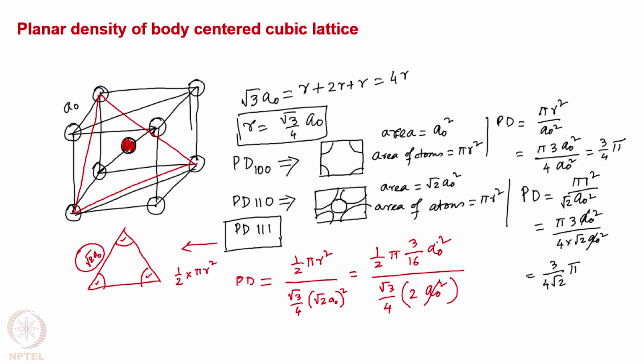So a0 square is cancelled, 4 is cancelled here, so here what we get is 3 root 3 by 16 pi.